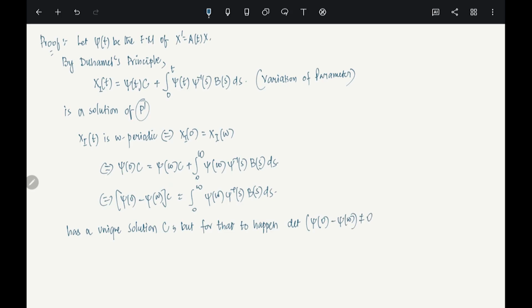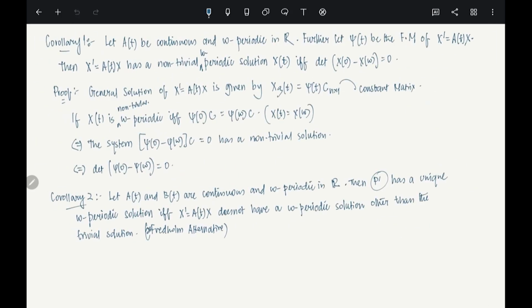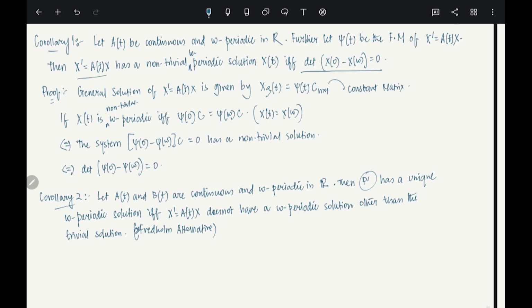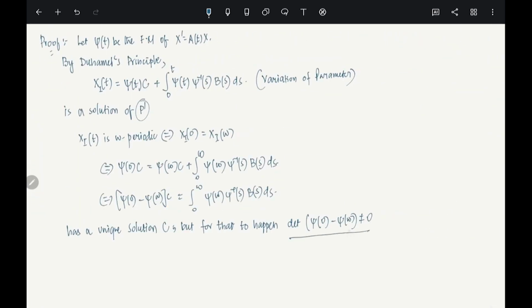Now, of course, the theorem holds. The theorem says that if the homogeneous problem does not have a W periodic solution, then P prime has a unique solution. So we use this: if the determinant of phi 0 minus phi W is 0, then there is a non-trivial W periodic solution of this system. What we showed is that for this problem, the determinant of psi 0 minus psi W is not 0.